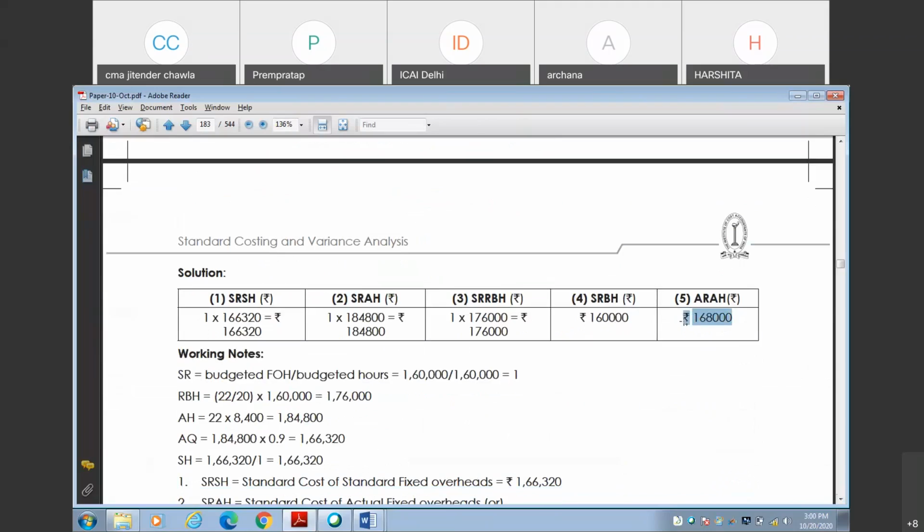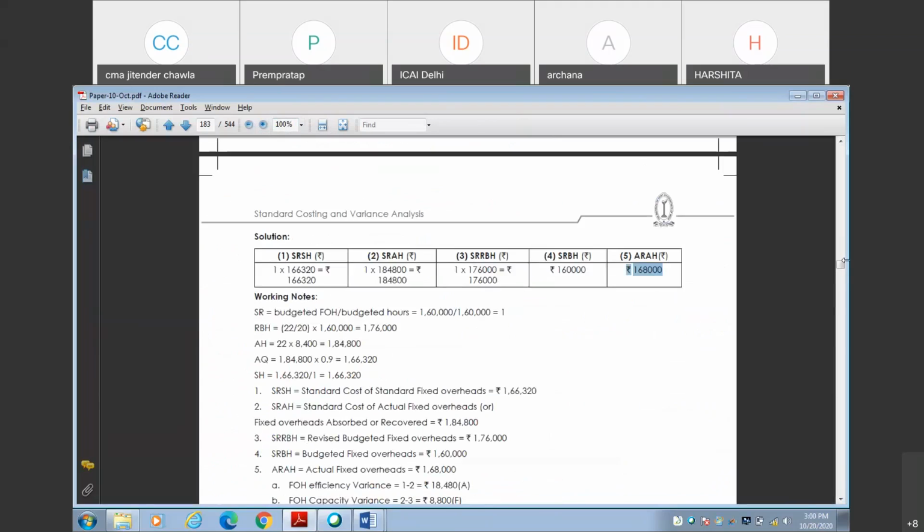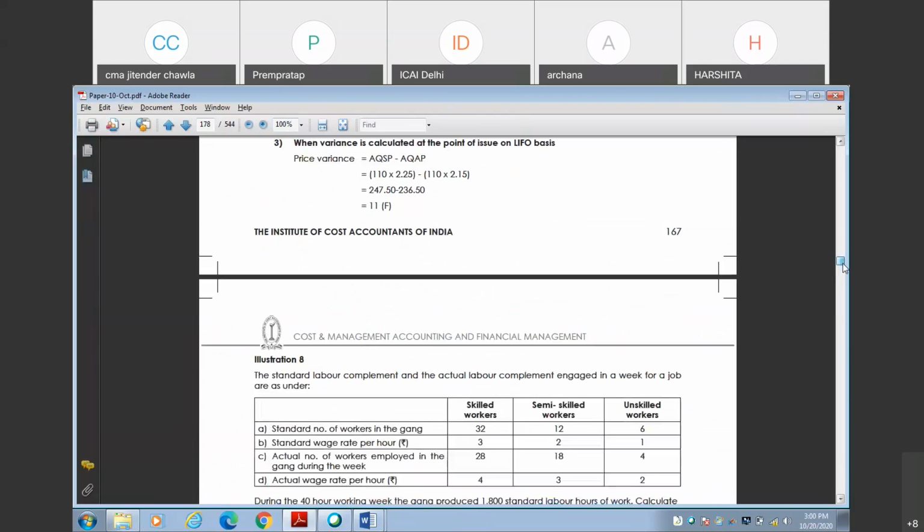ये 168 कैसे आया? This one is clear. ये जो हमने अभी ऊपर से लिया है, right? Okay.